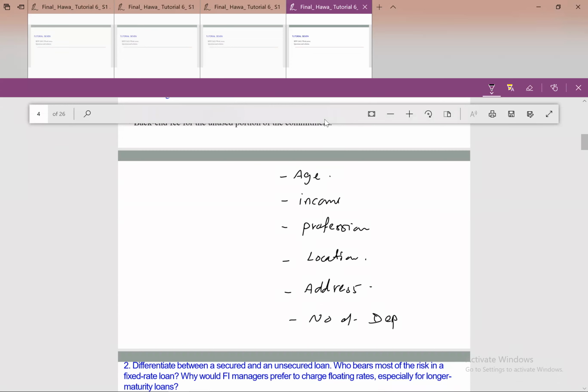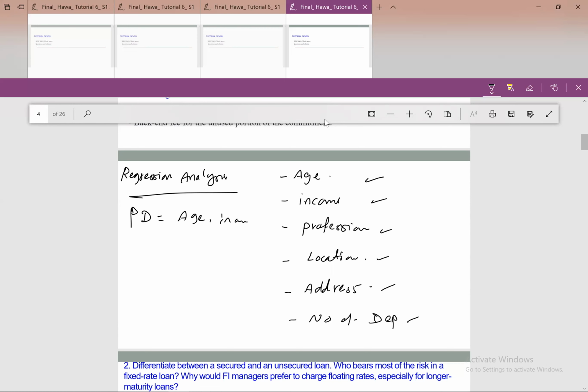So now what banks do, they do something called regression analysis. Regression analysis is where they will regress the default, the probability of default, for example, as a function of all those things: age, income, and you continue with all those variables.